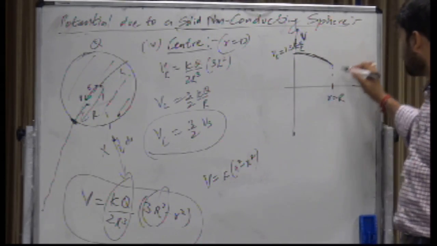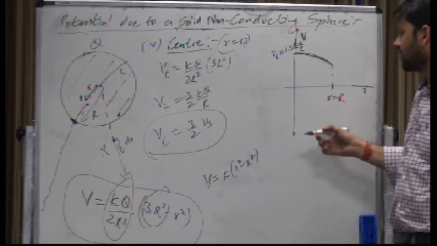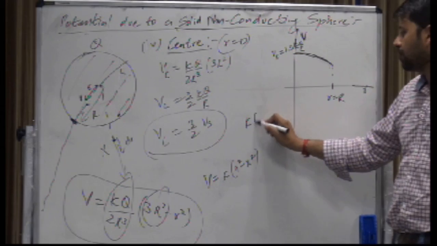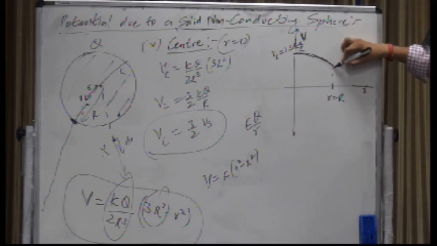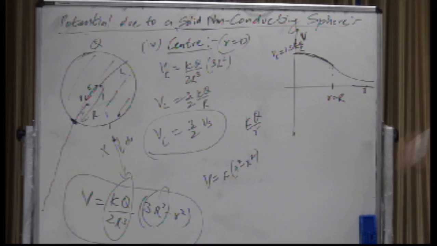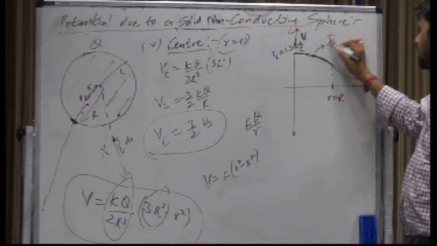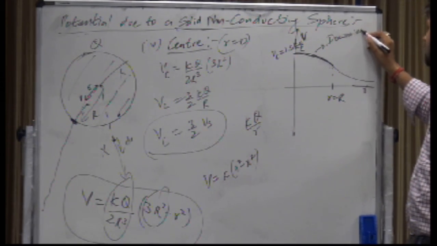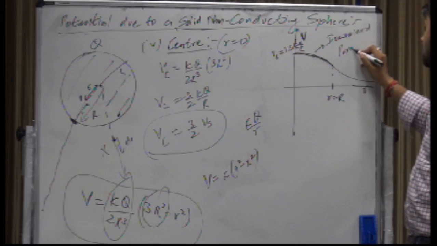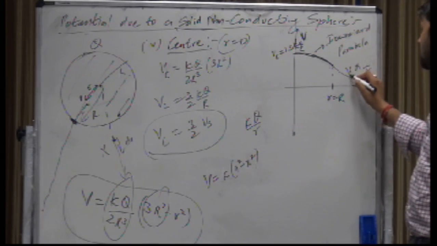From this point onwards, the formula for potential is kq by r. So from now onwards, it takes a different shape. So here it's a downward opening parabola. Okay, and here it is inversely proportional to r.